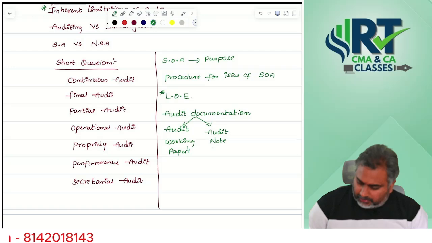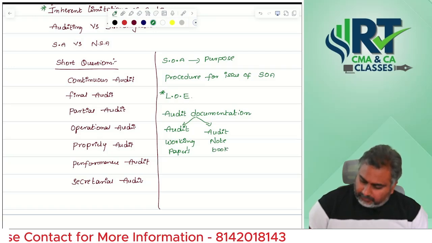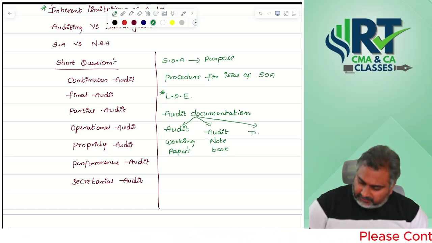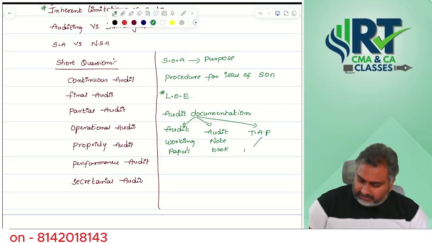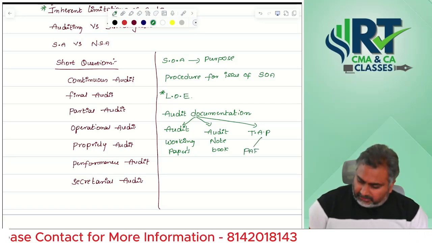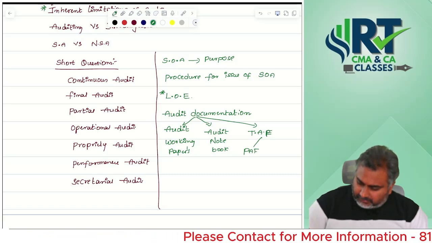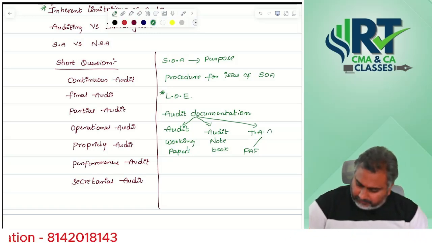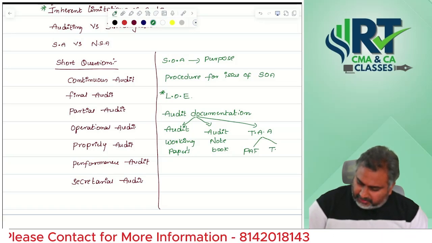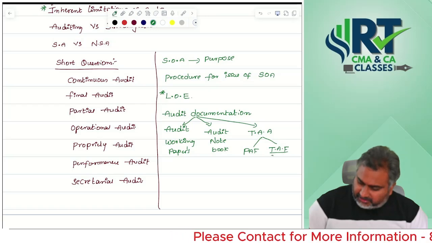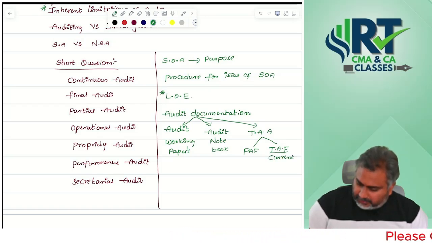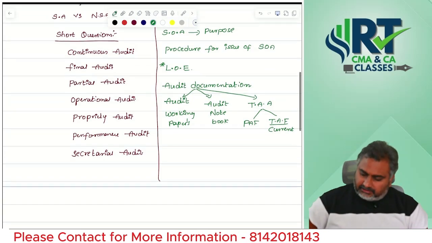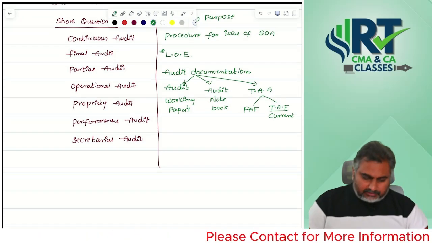Audit notebook. Third one, types of audit files, that is permanent audit file and temporary audit file, also called the current audit file. This is what you need to focus on under documentation.